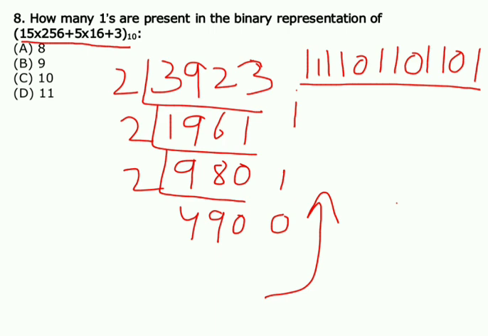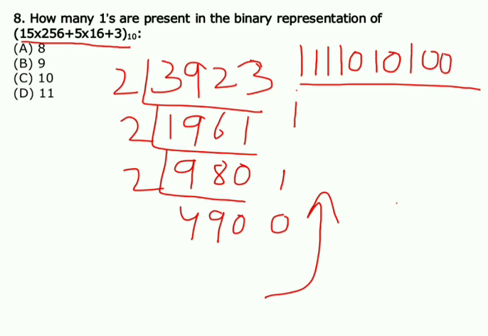So in the given answer we have 4 ones, 1 1 1 0 1 0 1 double 0 double 1.